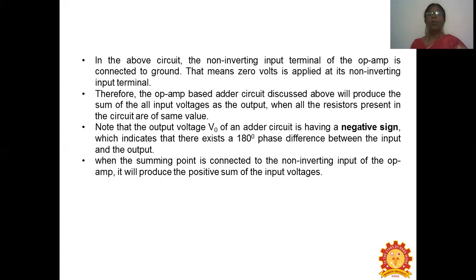So here the output voltage of an adder circuit has a negative sign. Why? What is the meaning of that negative sign? That is nothing but the output of the summer has a 180-degree phase shift between input and output, or otherwise we can say that the output of the summing amplifier is 180 degrees out of phase with the applied input signal.